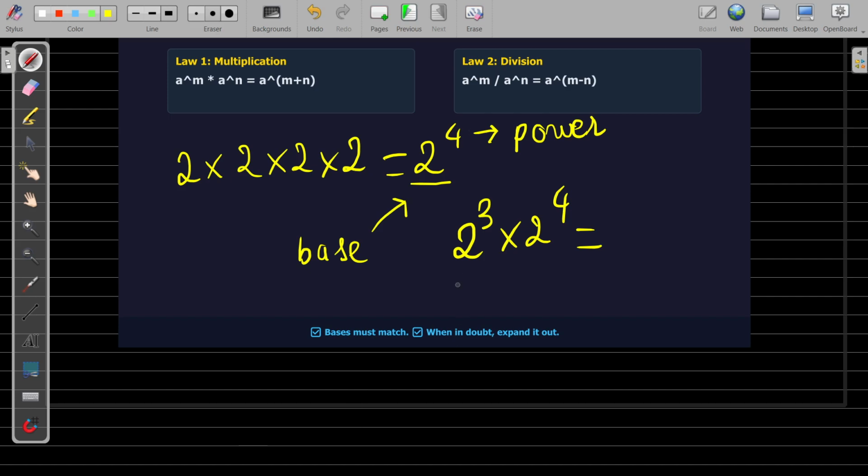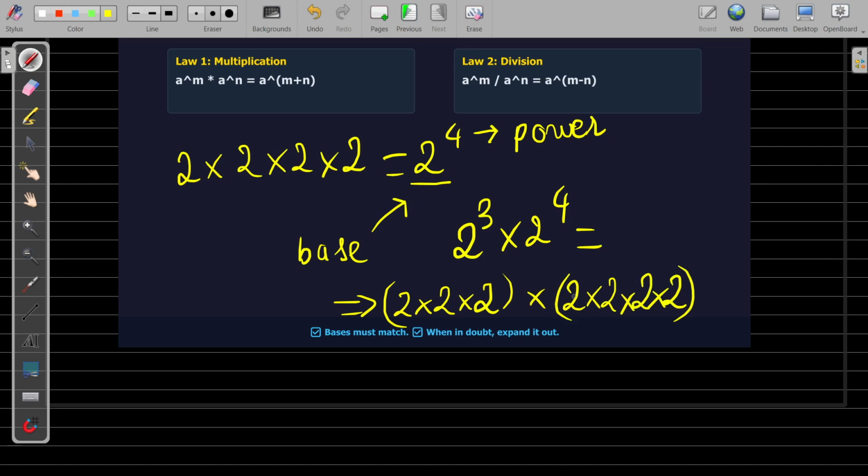Underneath this, 2 to the power of 3 usually means 3 2's, and then you multiply by 4 2's. So 2 to the power of 3 is 3 2's, and 2 to the power of 4 is 4 2's.